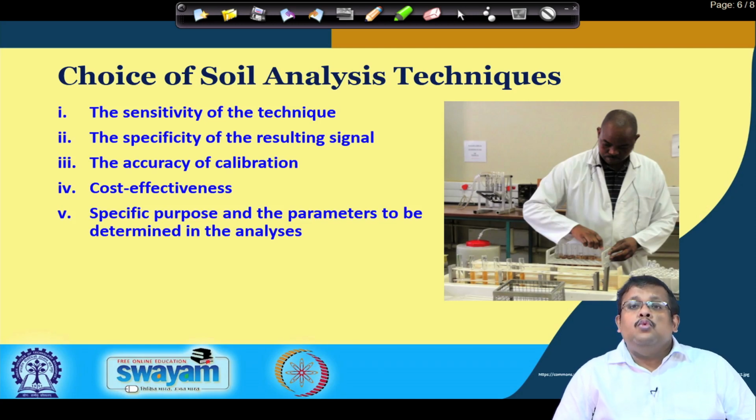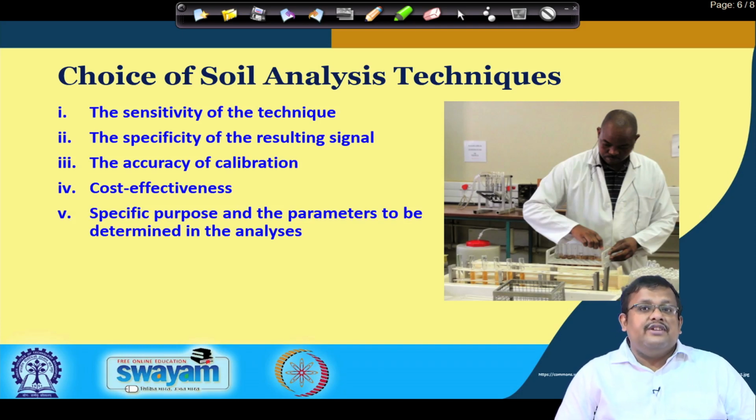Based on which criteria should we select the most appropriate technique for a certain soil analysis? Soil has different parameters. For example, we can measure the soil pH, soil electrical conductivity, different nutrient content, different heavy metals, different organic pollutants also.